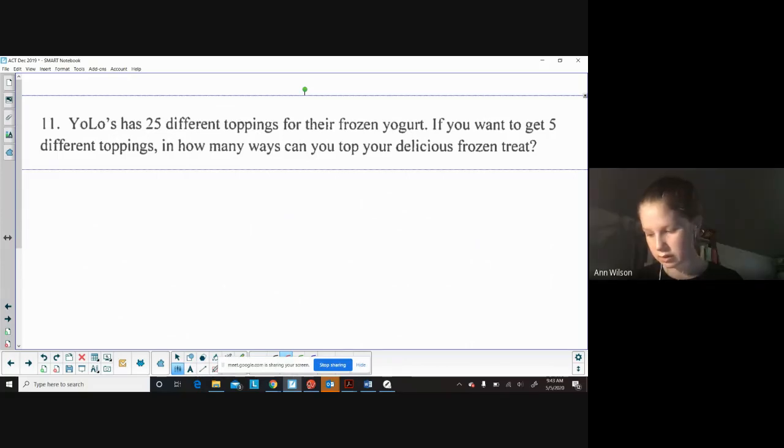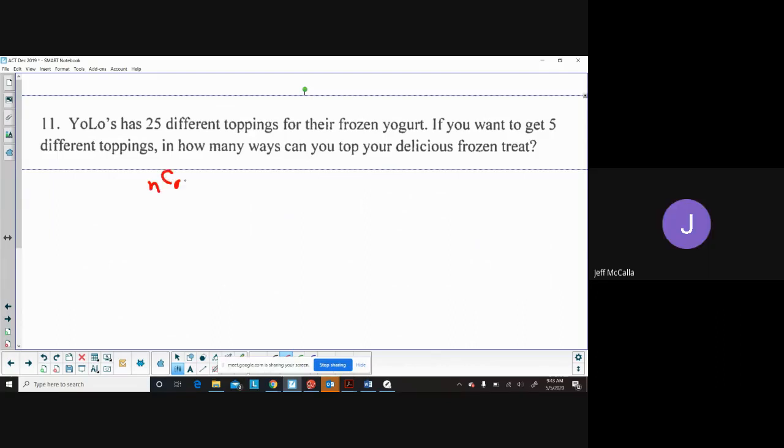NCR and NPR are the 2 methods we have for this kind of question, and the slot method is the same as NPR. That's when order is important. You cannot use the slot method when order is not important. So this is an NCR question, 25 choose 5, and you'll get your answer right every time. The slot method will not work, because that means order is important.